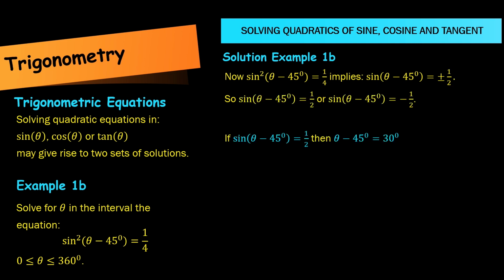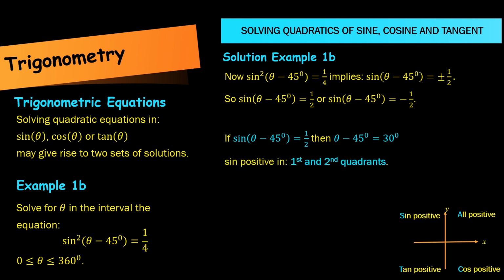If it's plus a half, then theta minus 45 degrees equals 30 degrees. Sine is positive in the first and second quadrants. So here are the two solutions for this equation. 30 degrees in the first quadrant or 30 degrees in the second quadrant where sine is positive.